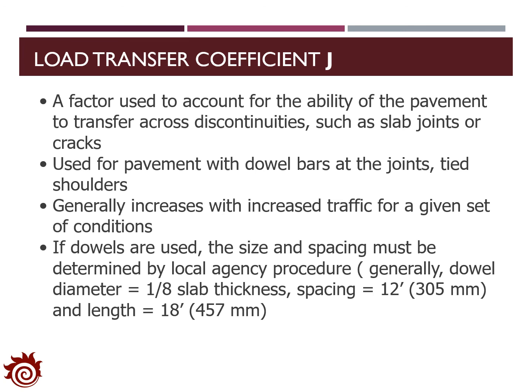Moreover, if dowels are used for the PCC slabs, then the size and the spacing must be determined by the local agency procedures. Usually the dowel diameter is set as 1/8 of the slab thickness, and the spacing is set as 12 inches and the length is 18 inches.